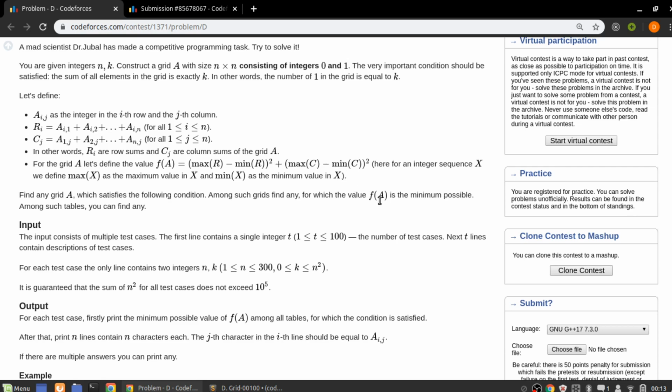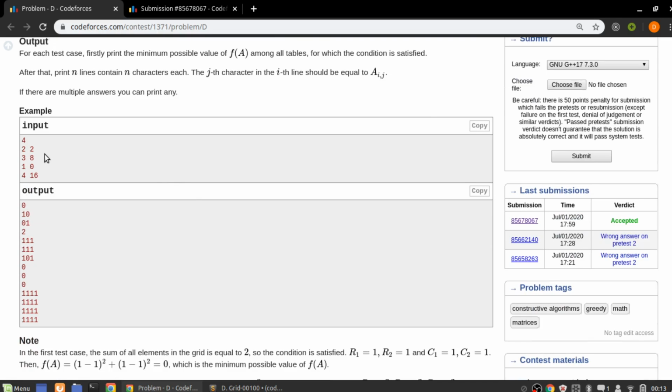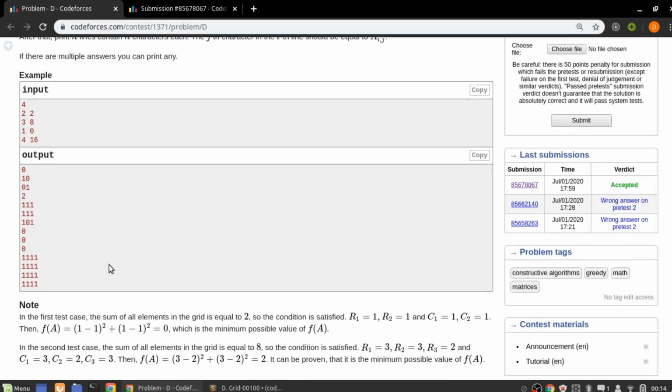So let's look at the test cases for this one. Let's say n equal to 2 and k equal to 2. The answer for that is this. The max R is 1 because each row has only one, and max C is also 1, min R is also 1, and min C is also 1. So (1 minus 1) squared plus (1 minus 1) squared, which is 0.